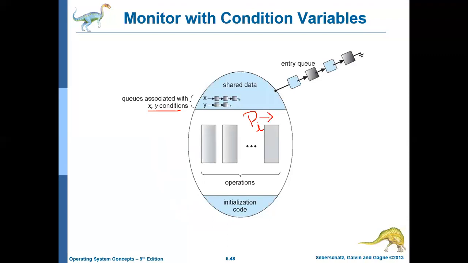Then what it will do is call X dot wait. That is on the shared variable, it is calling the wait. So what will happen is the process PI will be moved to the suspended queue.